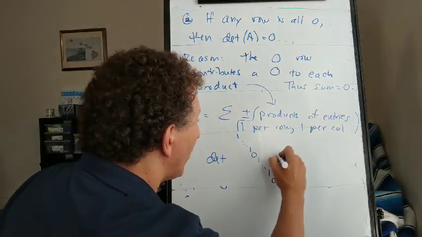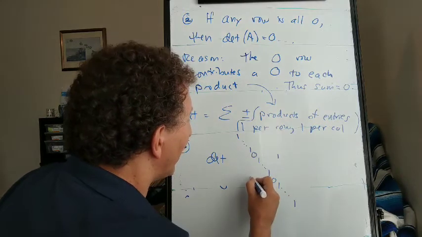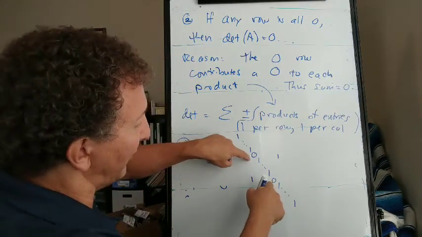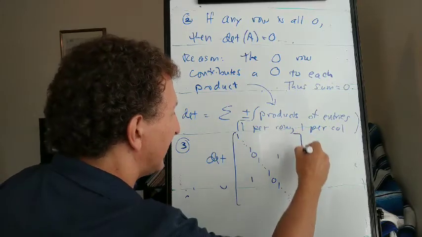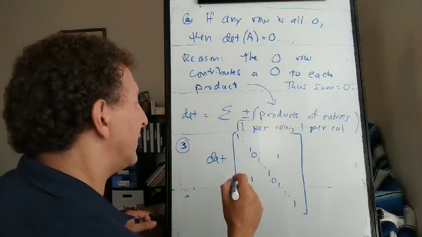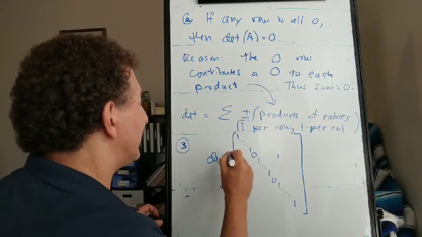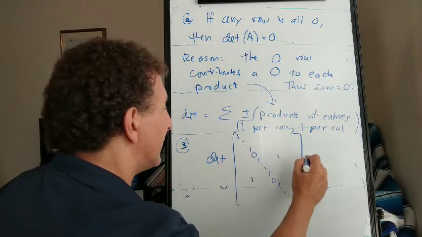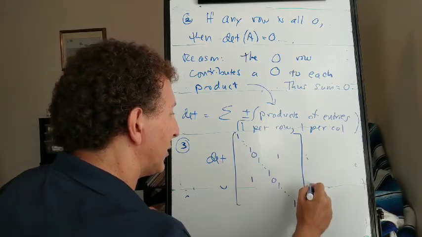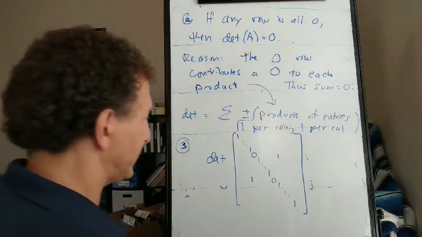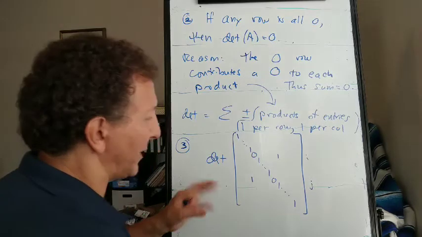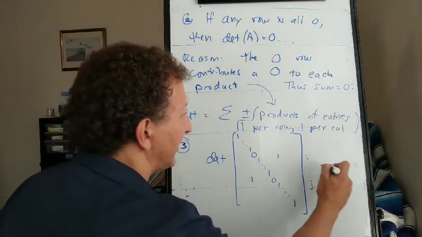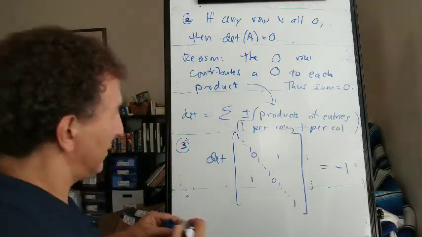Then let's put a 1 right here and a 1 right there. So we took those two 1s off the diagonal and put them here. Let's say this is row I, and this is row J here. So no matter what I and J are, this determinant is -1.